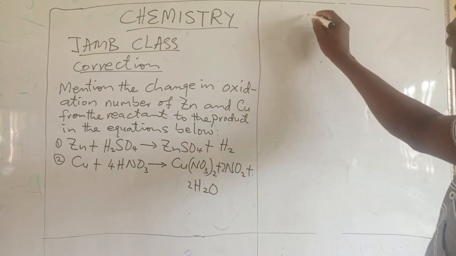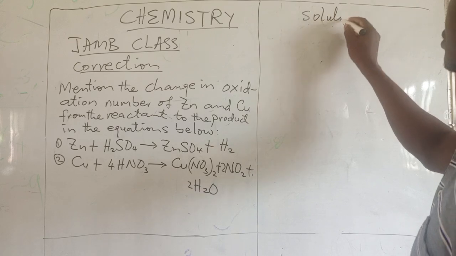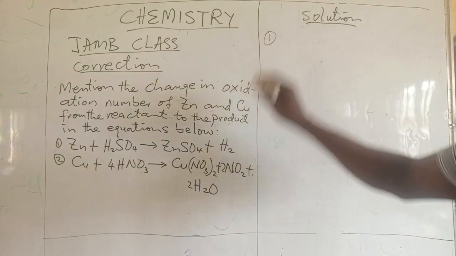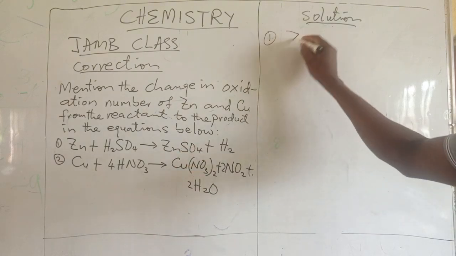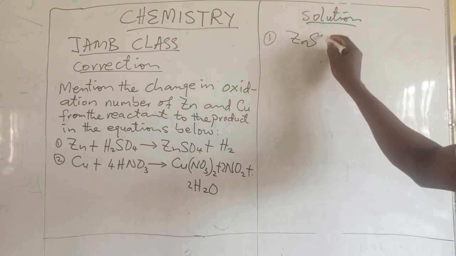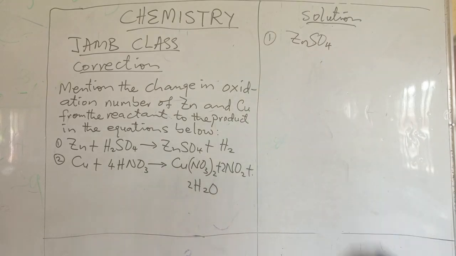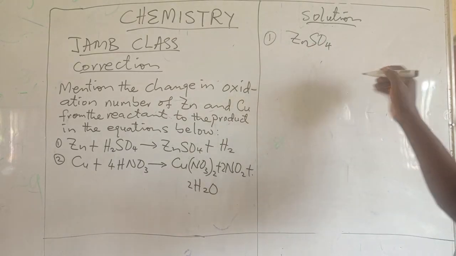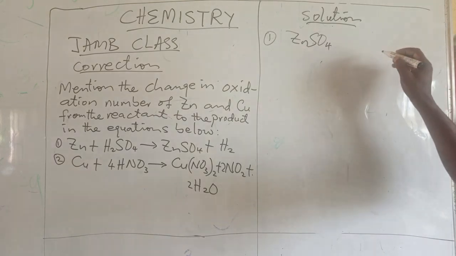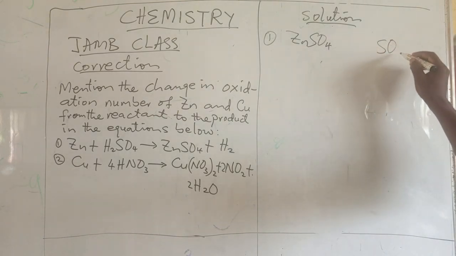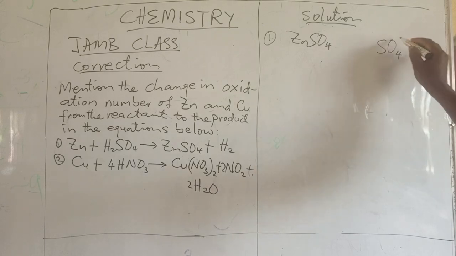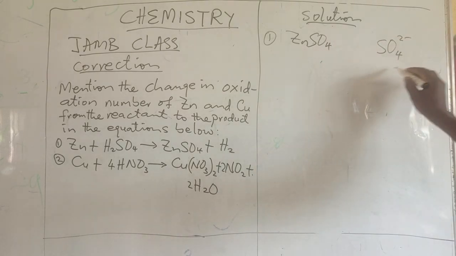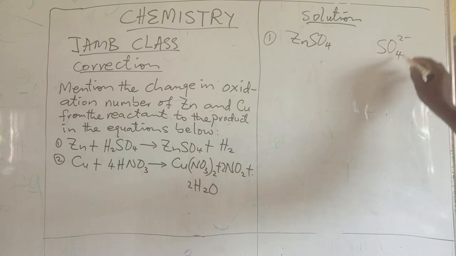So now, solution for equation 1. Since you are going to calculate zinc tetroxosulfate(VI), get the oxidation number of zinc. Remember, I told you sometimes that the oxidation number of this radical, SO4, is -2. This -2 is the oxidation number of the whole of this molecule or species.